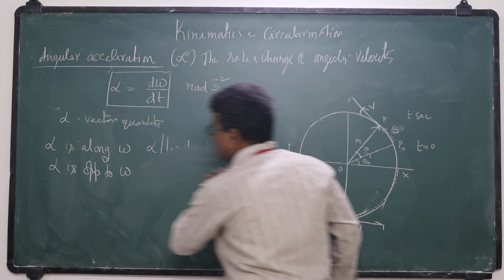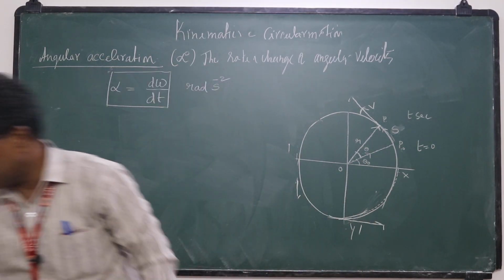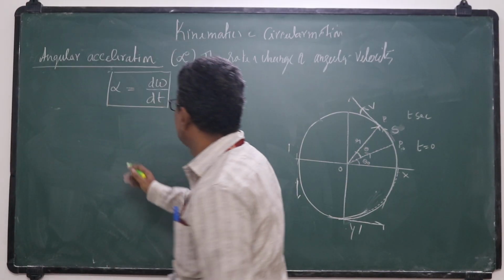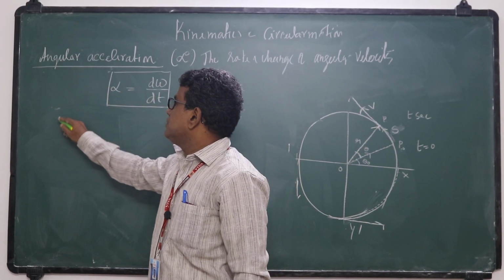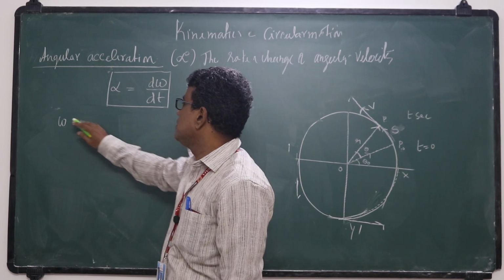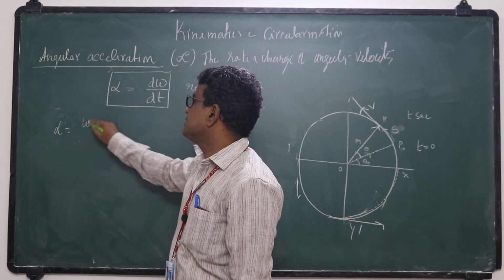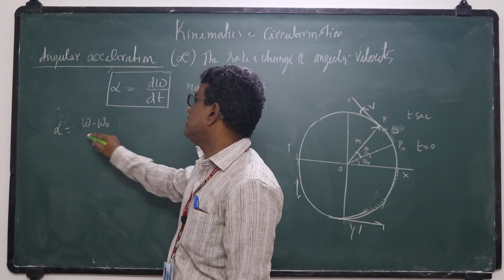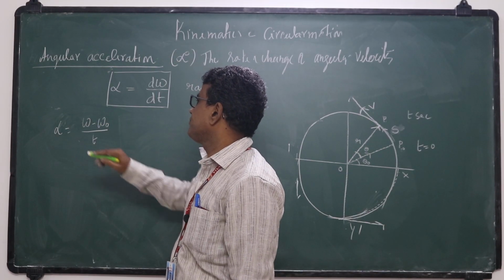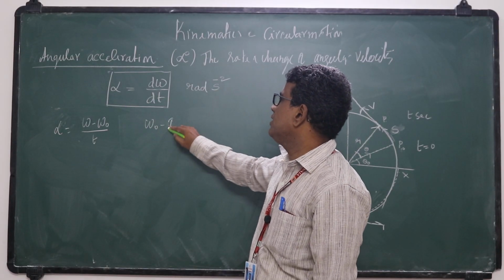Now we are going to write the equations of motion in kinematics. Alpha is equal to the change in angular velocity, so omega minus omega naught by t, as I defined. What is omega naught? Initial angular velocity.